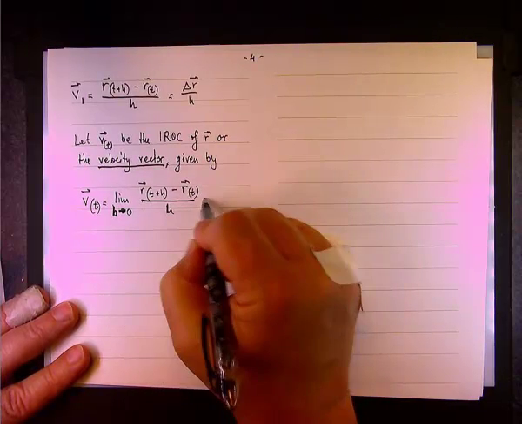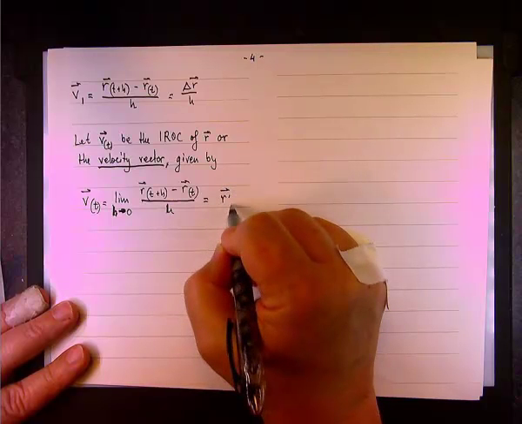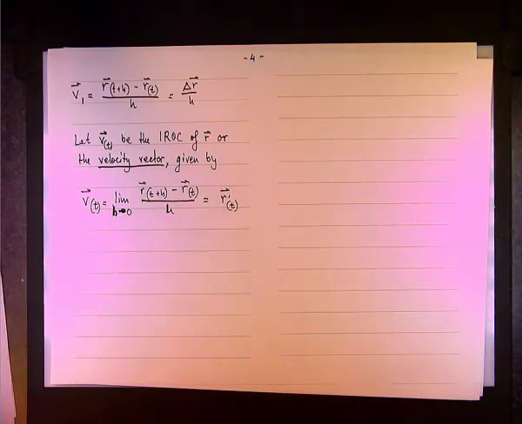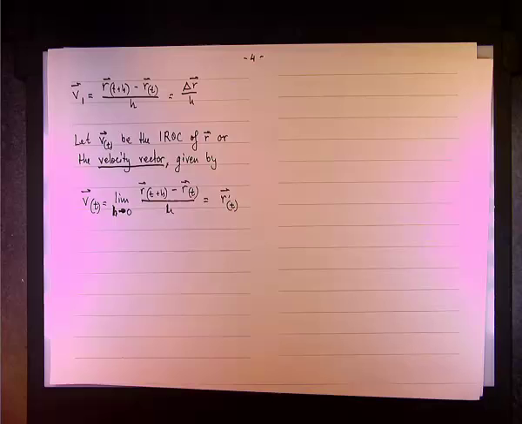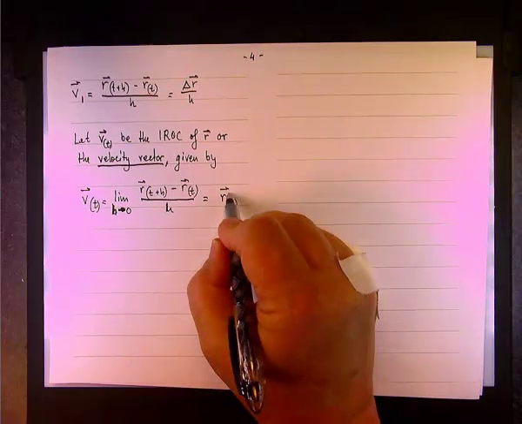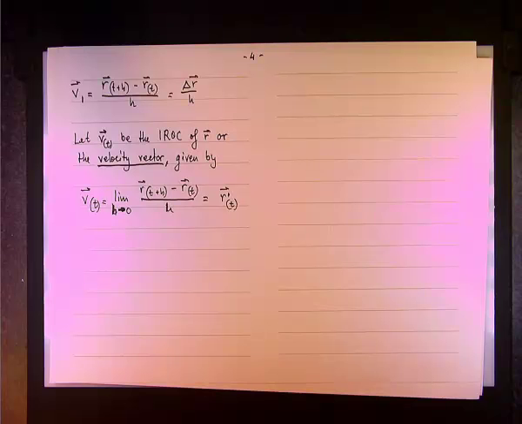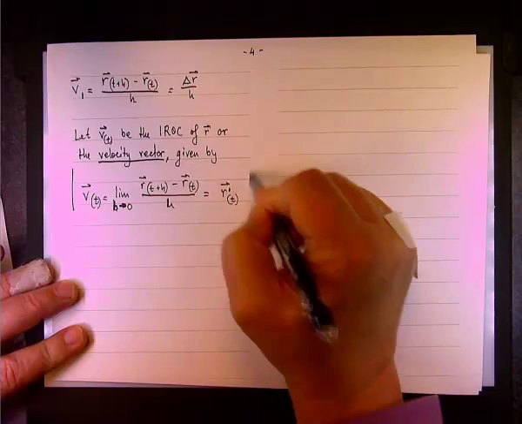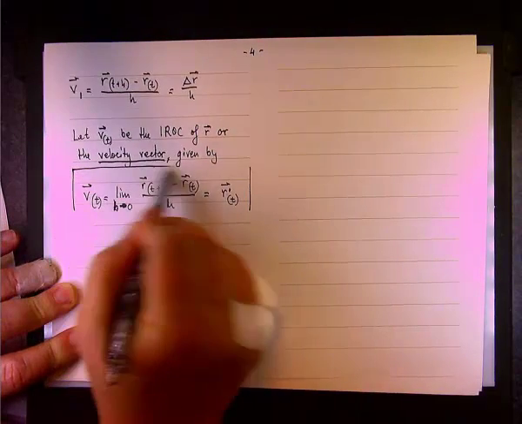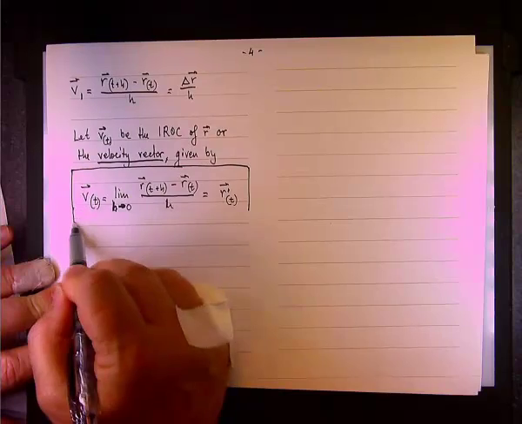And this, by definition, is r prime of t. So here is the evidence why the instantaneous velocity is the derivative of the vector r. The derivative of vector r represents the instantaneous change of r over an infinitely small amount of time h. So this is the limit definition of the velocity.